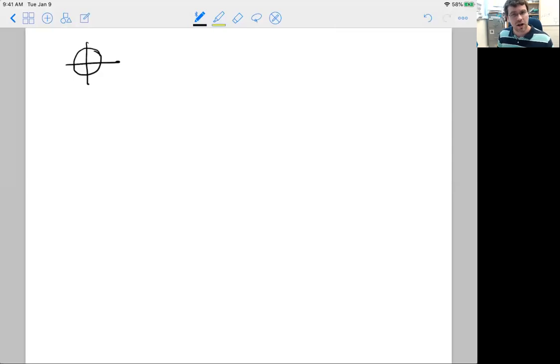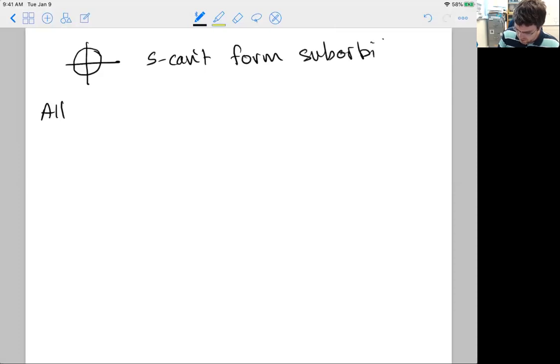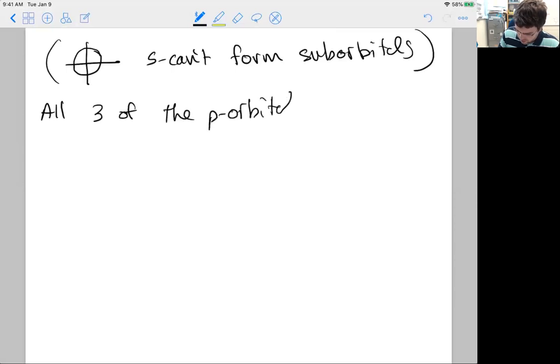So each of the px, py, and pz can hold 2. So s can't form suborbitals. I'll leave this here. It's not super important that we fully digest that. But all 3 of the p orbitals can hold 2 electrons each.